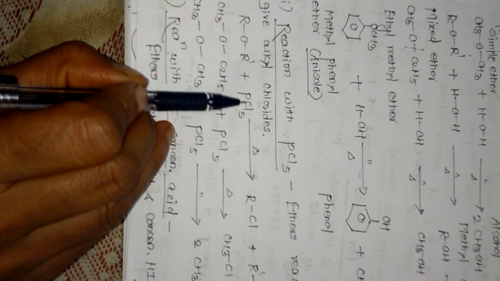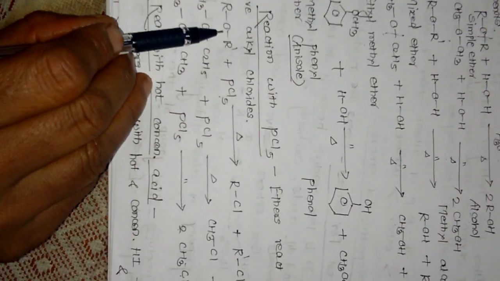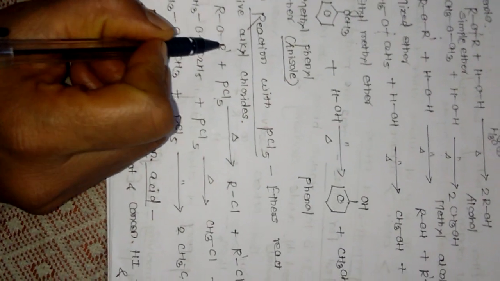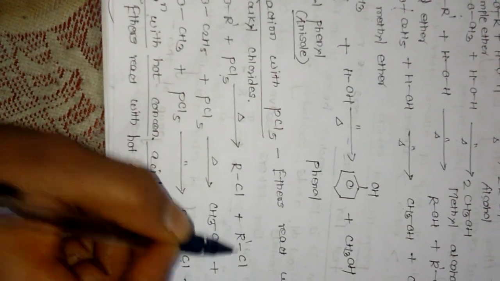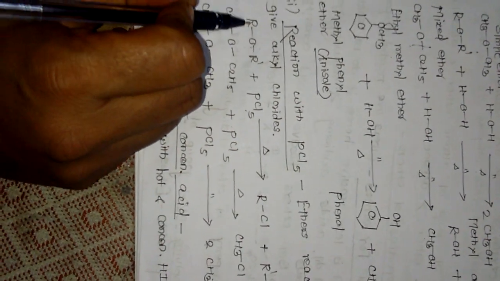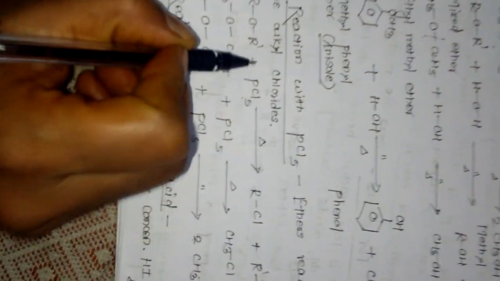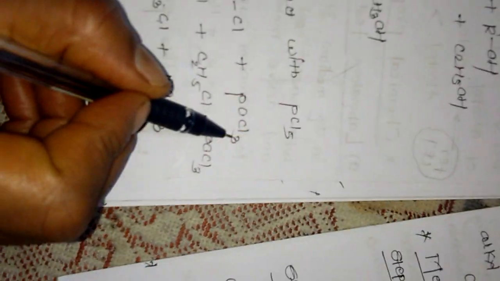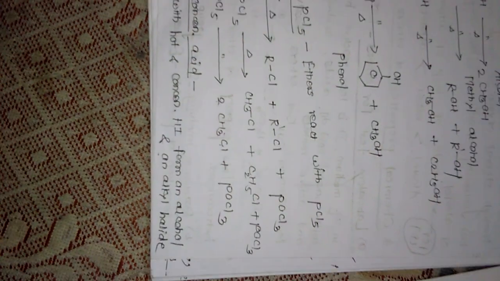Hence it is written as 2. Now see how the reaction takes place. Two chlorines from PCl5 attach here. This bond breaks. R dash takes Cl. This R takes one Cl. What is remaining? P. This O and the 3 remaining chlorines form POCl3, phosphorus oxy trichloride. In the same way this reaction takes place.